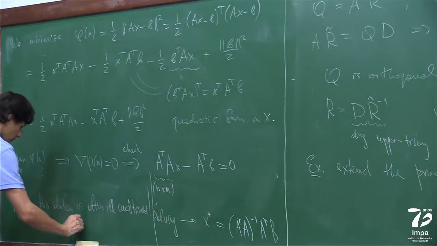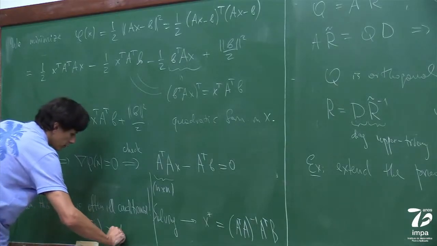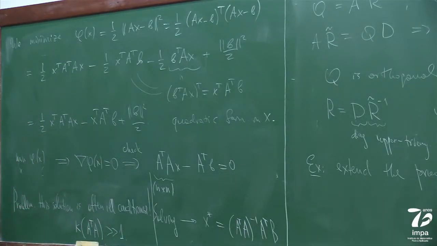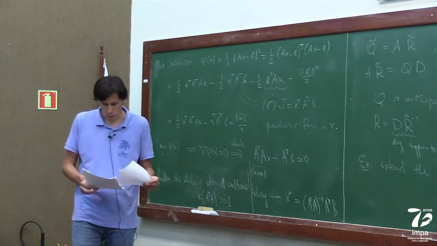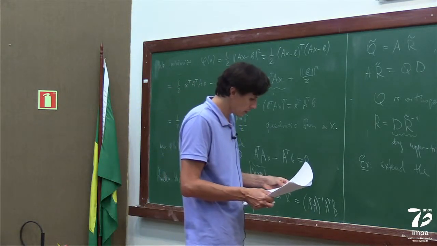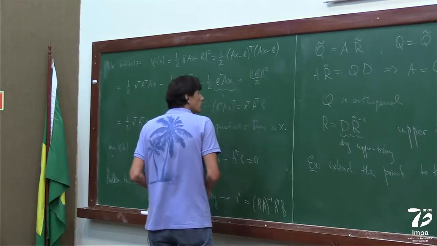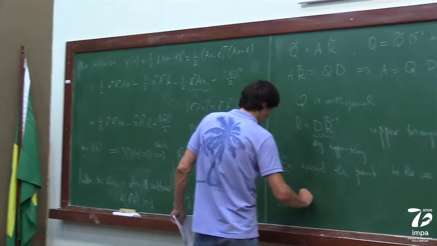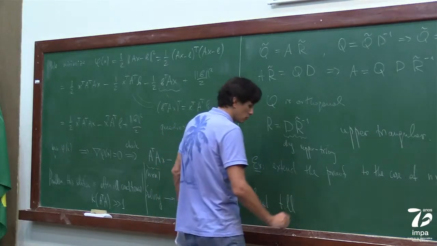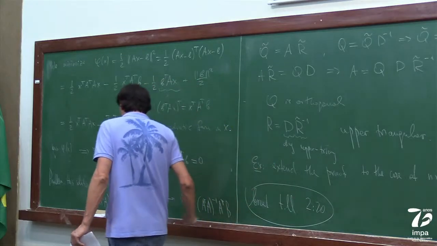What does it mean? That the condition number of this matrix A^T A can be very large. So this method gives you a solution, but it's not a good numerical way to find the solution because it's ill-conditioned. The good way to solve the problem is through the application of the QR decomposition. So let's take a small break and then we'll continue.